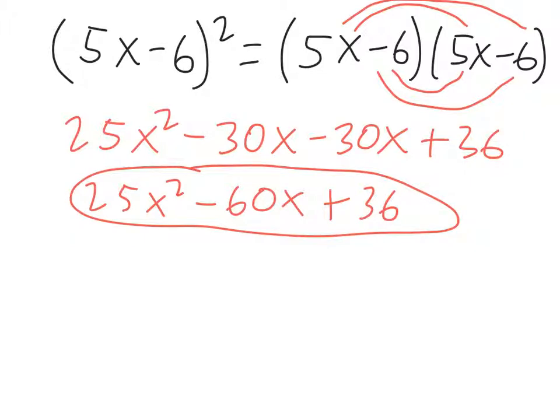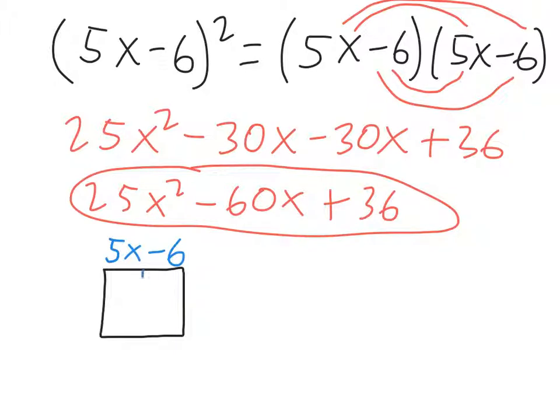If you were to look at this geometrically, say we had a square, and the length of one of the sides is 5x minus 6. And that doesn't necessarily make sense geometrically because you can't have a negative 6 for a length, but it still works if we try to do it out.